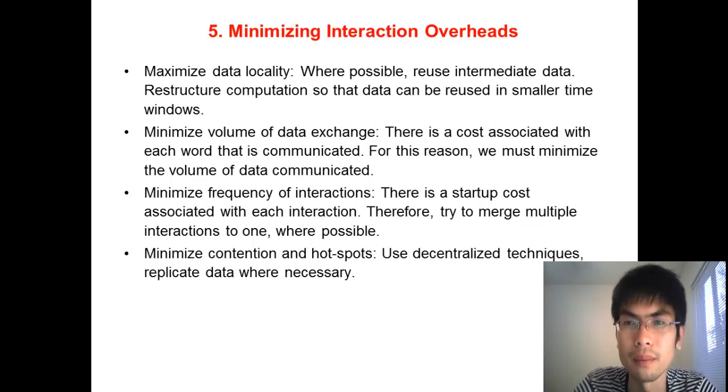So the fifth part is minimizing interaction overheads. Here we want to maximize data locality, minimize the volume of data exchange, minimize the frequency of interactions, and minimize contention and hot spots. Those are the four main tasks for minimizing interaction overheads.